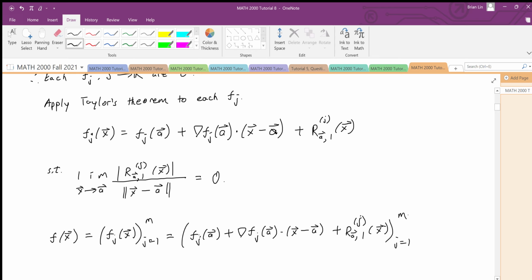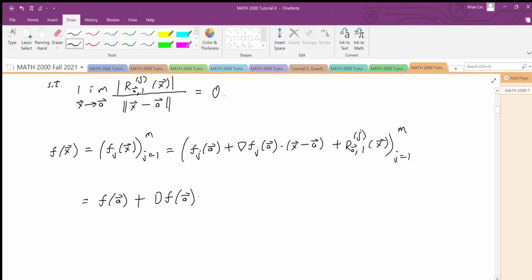So when we move some terms around, we then end up with f at a plus, these guys form the total derivative, df at a, dot x minus a, plus r a1 at x.